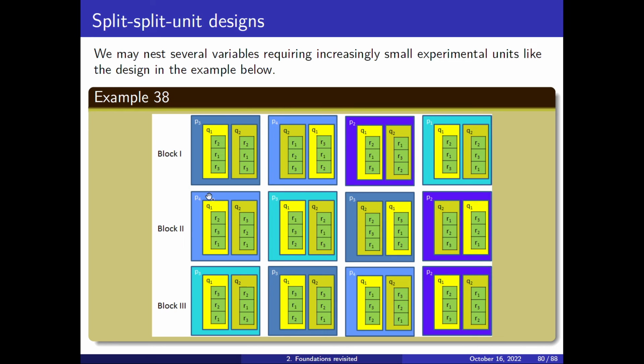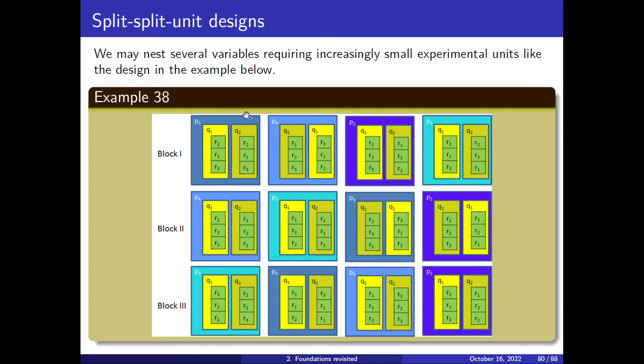Here you have P4, P3, this is a mistake, no? This is P1. So P4, P1, P3 and P2, and within each one of the treatments you have a smaller unit.